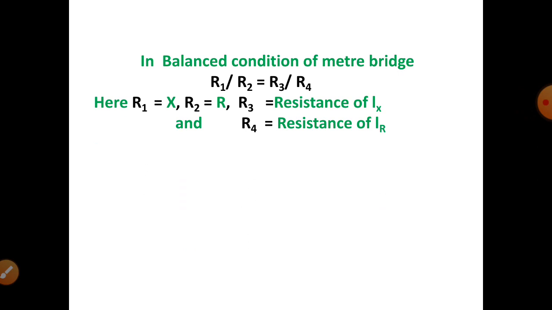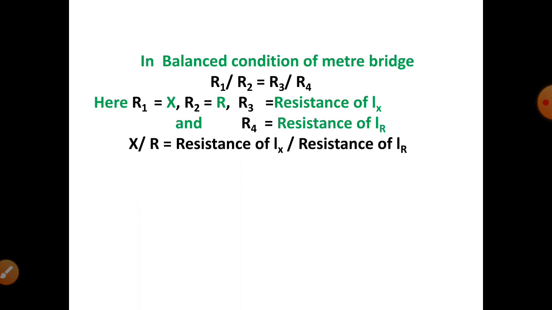Here R1 is X, the unknown resistance, R2 is the known resistance R in the right gap, R3 is the resistance of length Lx of the wire, and R4 is the resistance of length Lr of the wire. So now substituting these values in the above balance condition, X upon R will be equal to resistance of Lx upon resistance of Lr.